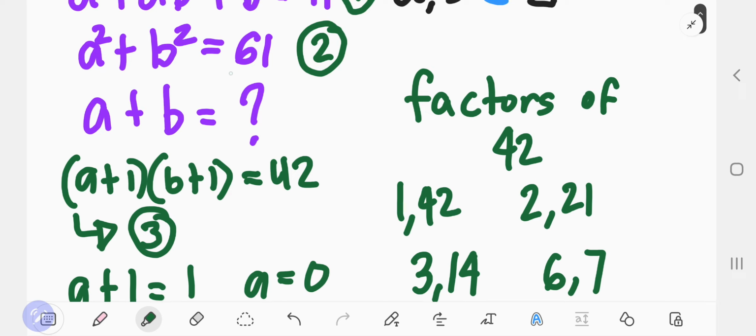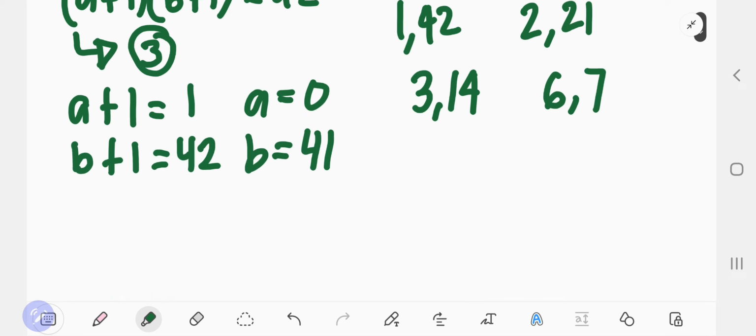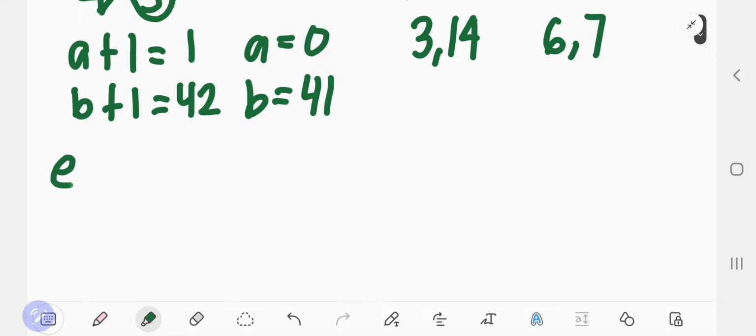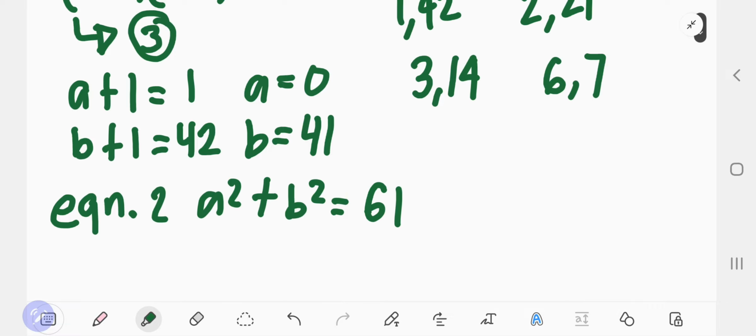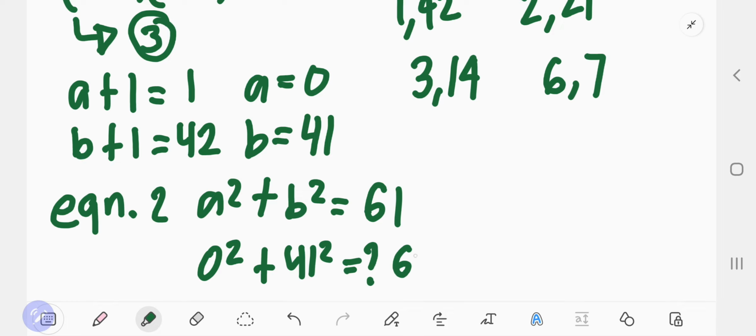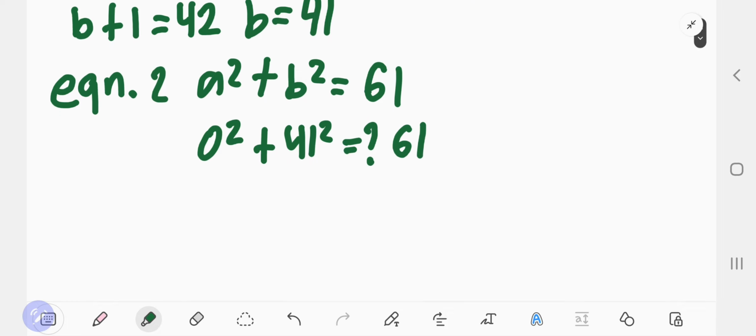Let's focus on equation number 2, and we are going to copy it down. A squared plus b squared is equal to 61. And we will replace a with 0 and b with 41 to see if it's equal to 61. 0 squared is 0 and 41 squared is 1681.